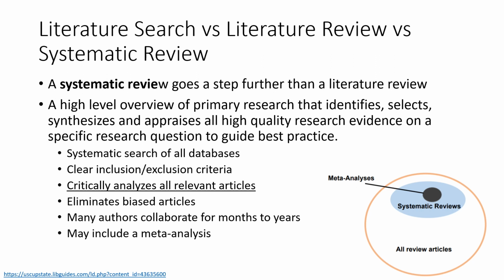They pull all the articles on that topic. They have clear inclusion and exclusion criteria as to which articles are going to be included and which ones are going to be excluded. And then they critically analyze all the included articles. They eliminate any biased articles, and they may also perform a meta-analysis of the primary data.